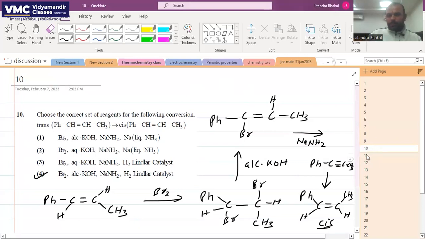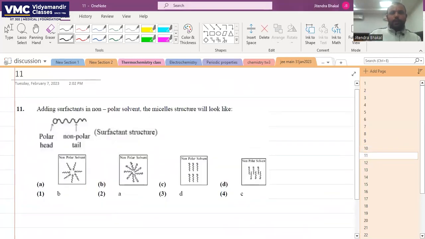Next is question number 11. Adding surfactant in non-polar solvent, the micelle structure will look like this. The round part is the polar head, and this is the non-polar tail of the surfactant. Because the solvent is non-polar, the non-polar tail will be on the solvent side, the outward side.